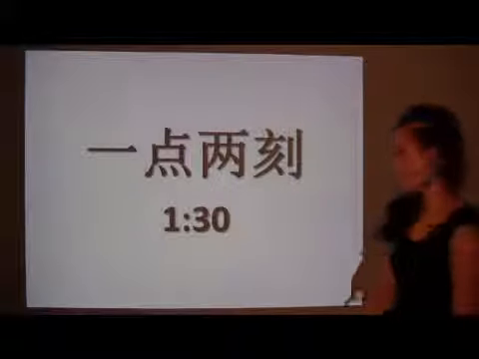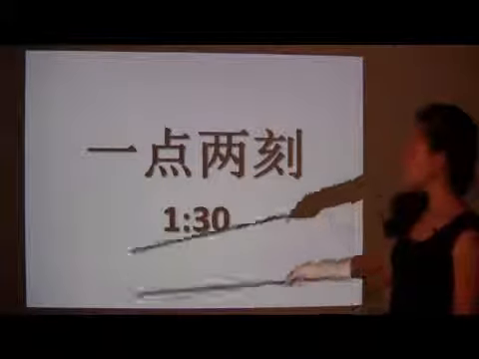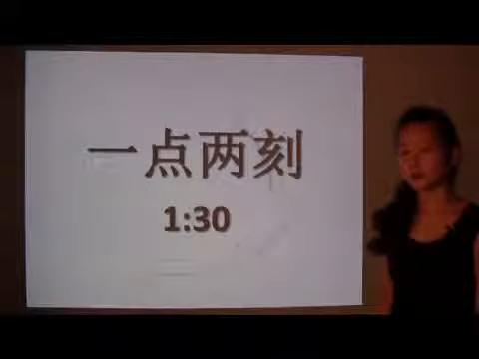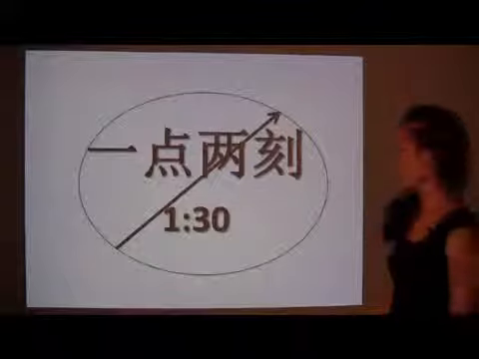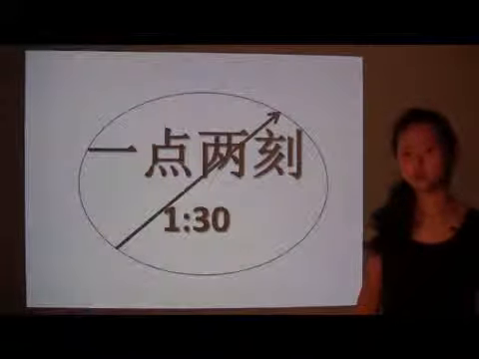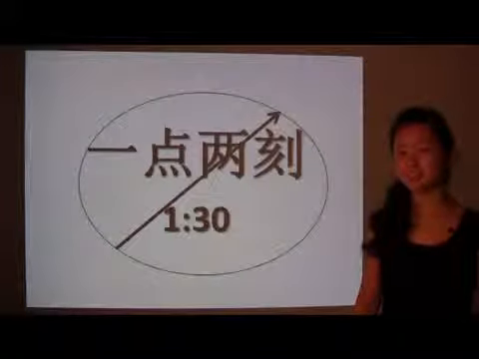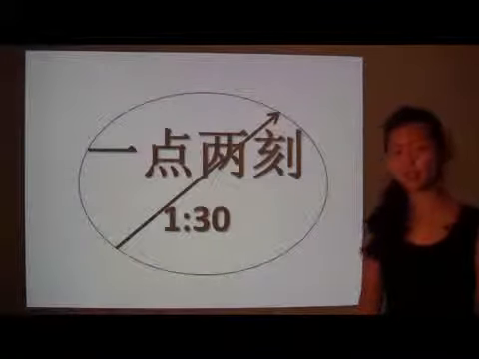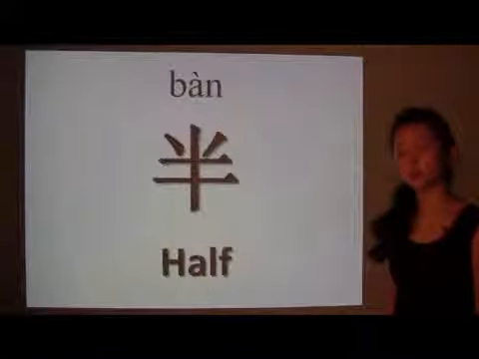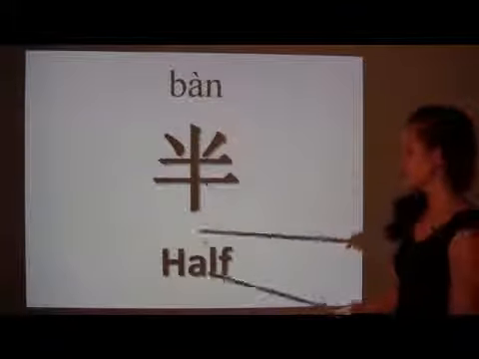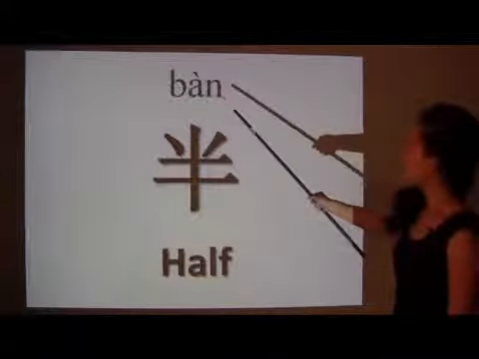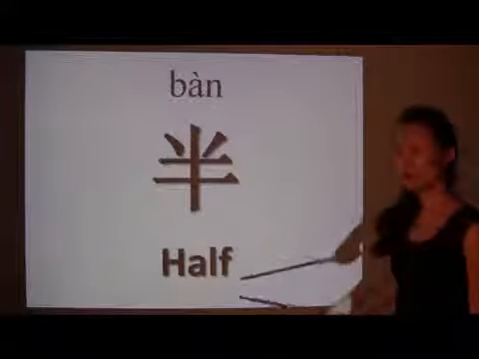Now, you may wonder, why did I leave out the 2 quarters? You'd think you'd say 1:30 and you could say 1点2刻 or 2刻, but that's not how you say it. Just like in English, we don't say 1 2/4. That just doesn't sound right, does it? In Chinese, we don't say that either. There's another, more efficient way of saying 1:30, which is by using the character for half, or 半. 半 is for half.